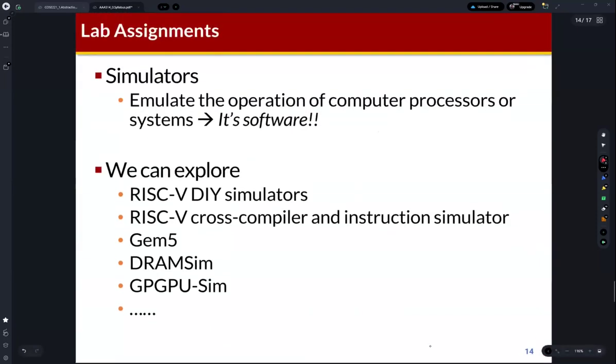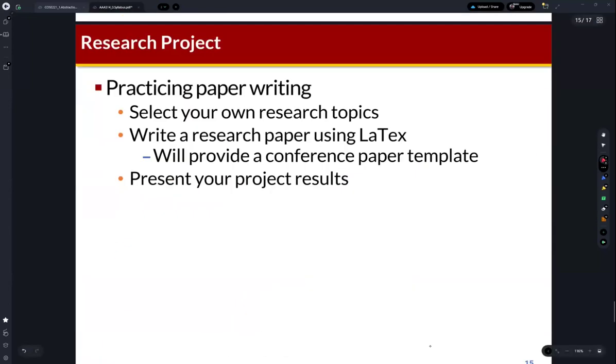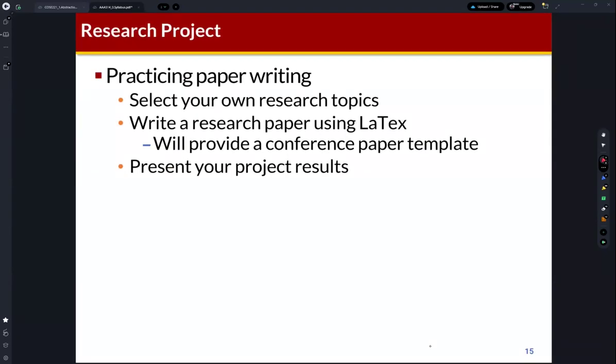So that's why I will provide this lab assignment. Using the architectural simulators, you can develop your research ideas, and then evaluate your ideas using architectural simulators.